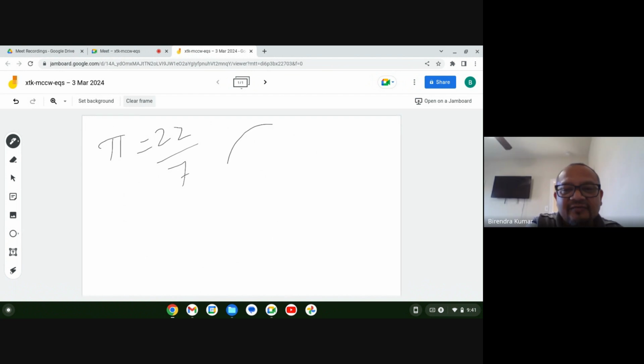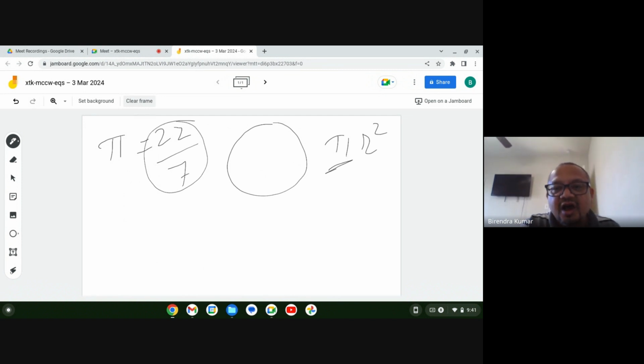So the area of a circle is pi r square, where pi is a constant, this value will not change. R is the radius, and every circle is formed with the radius only. If I had not rotated this by keeping this string in my hand, I would not have been able to make the circle.